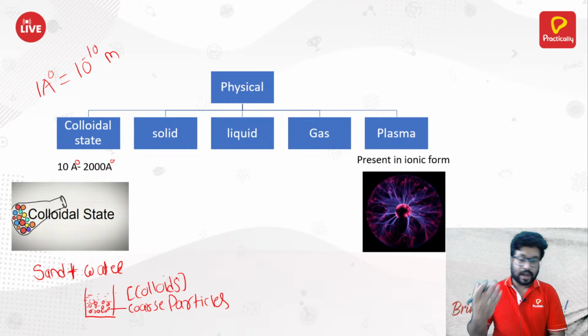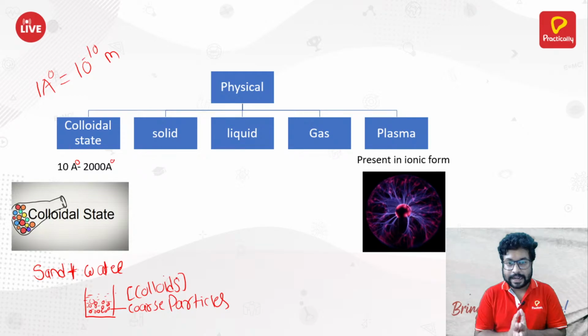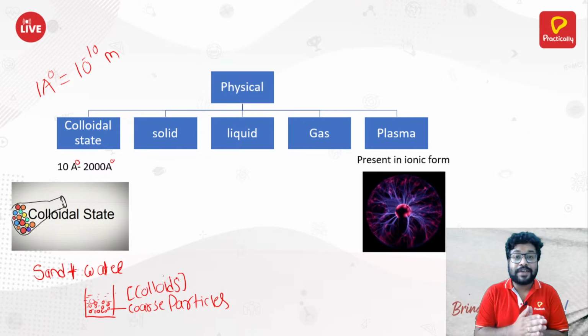Now what is plasma? Plasma is that substance which is present in ionic form under extreme conditions. What are the extreme conditions? Under the influence of very high temperature and very high pressure. Here the temperature is around 10,000 to 50,000 degrees Celsius, and pressure is also 2 to 3,000 atmosphere.